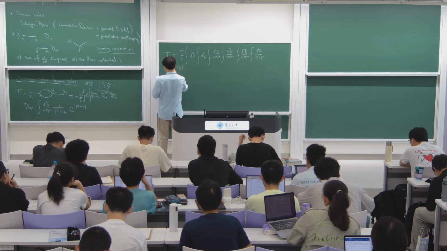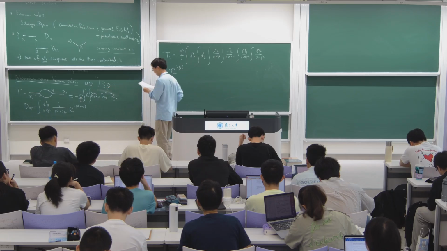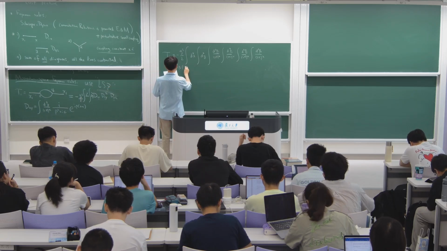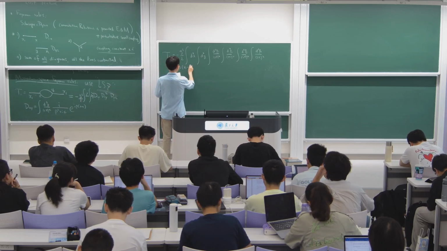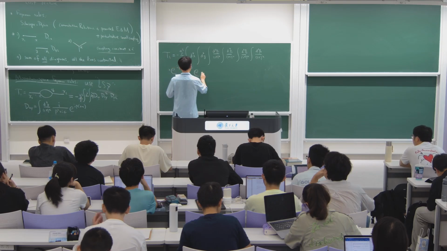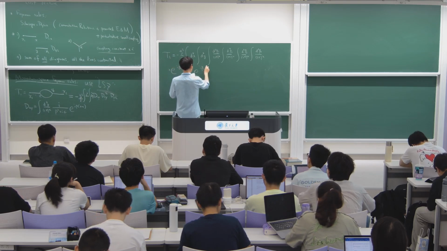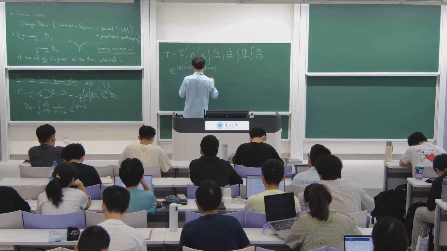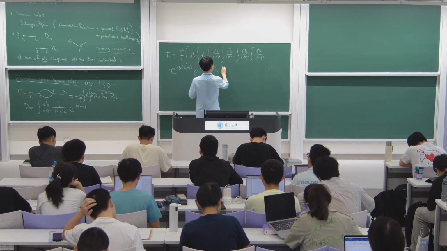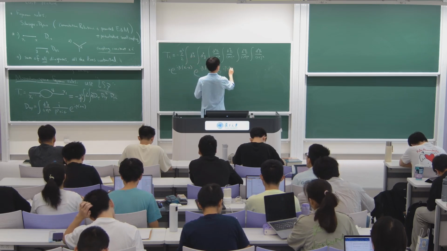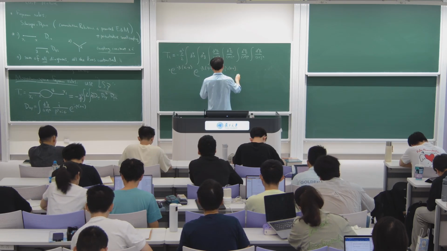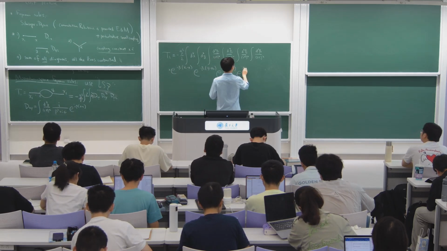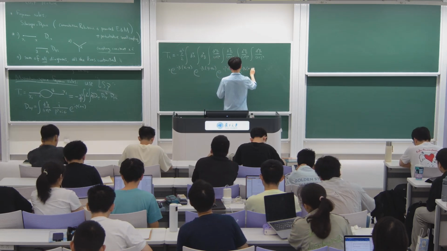Because P1 is for the d1x, P1 is coupled with x1 minus x here, and P2 coupled with y minus x2, and P3 coupled with x minus y, and there's also P4 coupled with x minus y.